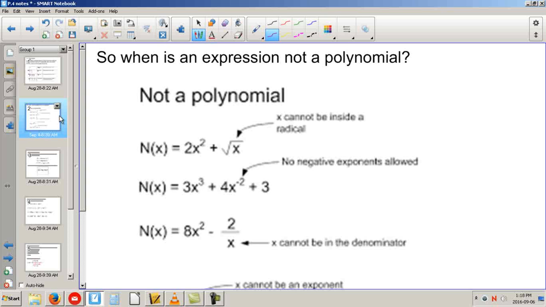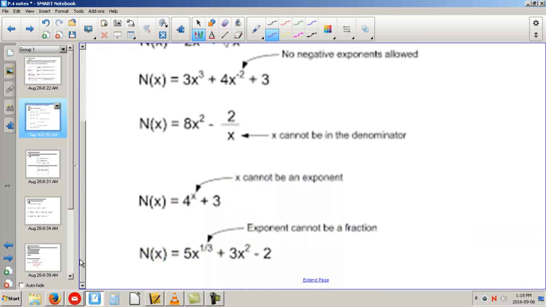So what's not a polynomial? Things that are not okay. X inside of a square root or a cube root, that's no good. X's that have negative exponents or show up in the denominator. These are really related cases because we know negative exponents push things to the denominator. So either way, x in the bottom or x with a negative exponent makes it a non-polynomial.